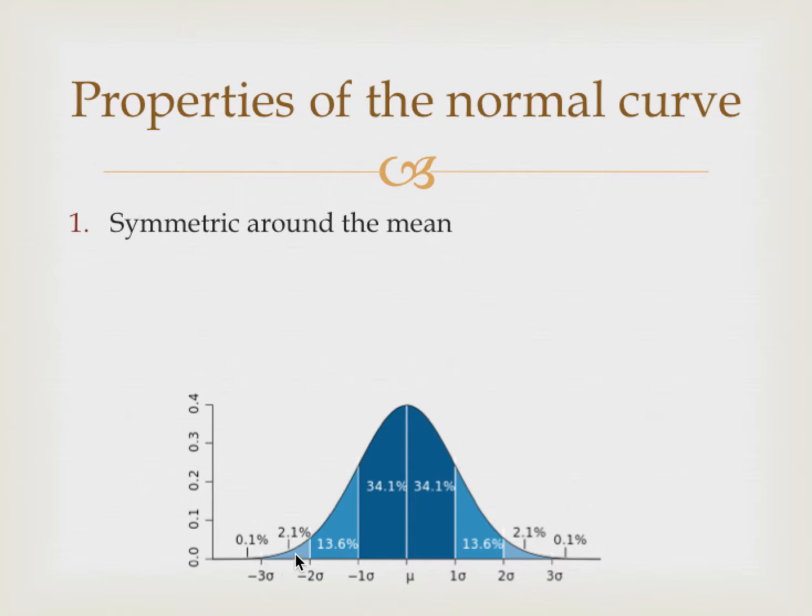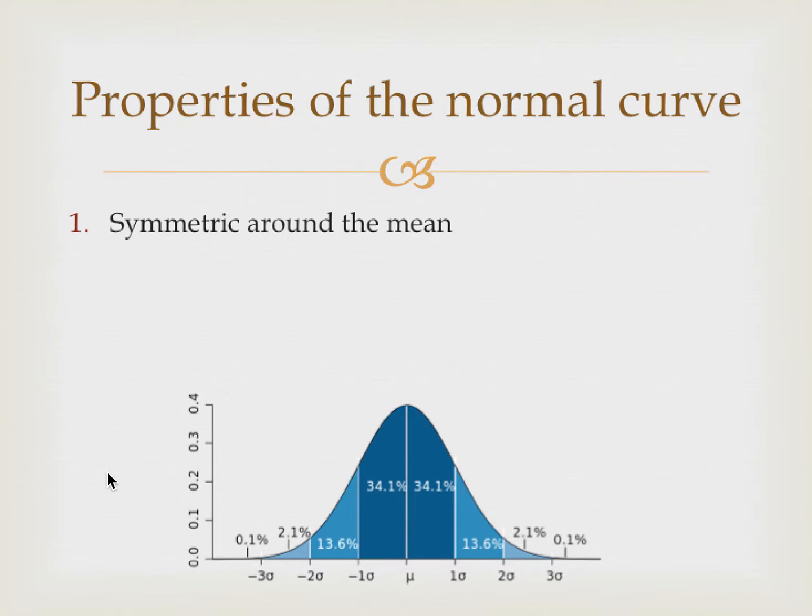And from -2 to -3, 2.1, 2 to 3, it's 2.1. So really, and because you're going to want to memorize the percentages on here, you really only have to memorize 4 numbers, and one of them, the last one, is really easy to remember. So if you memorize these 4 numbers, you have memorized those 4 numbers also.